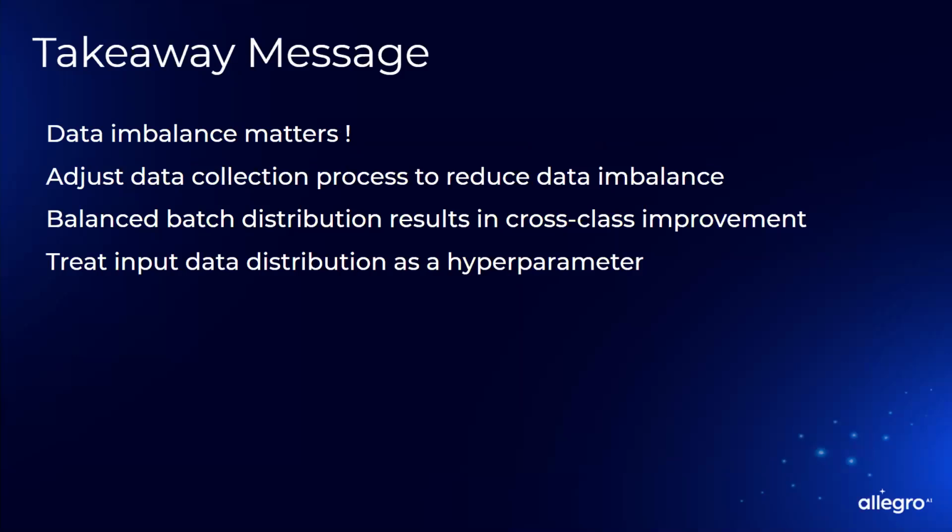Now, if you're aware of all the problems and you're not getting an entire data set in the beginning, because that's not how businesses are working, you can try to change that. You can send people to the field to take more pictures of persons. You can have balanced batch distribution results.